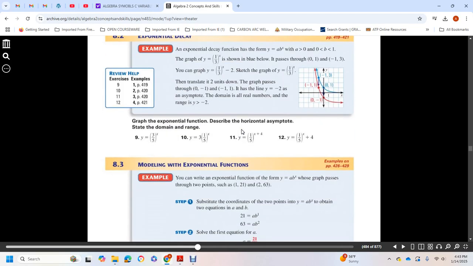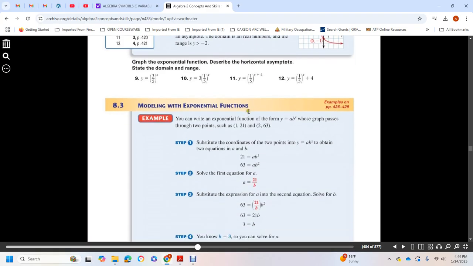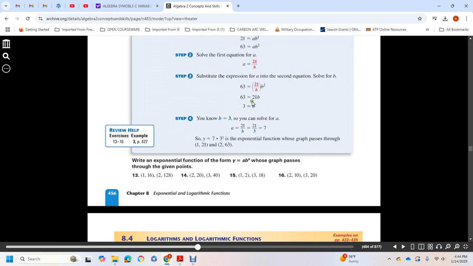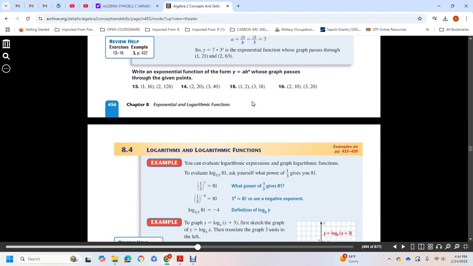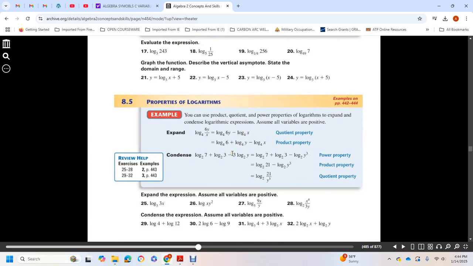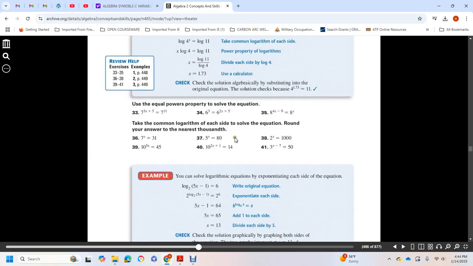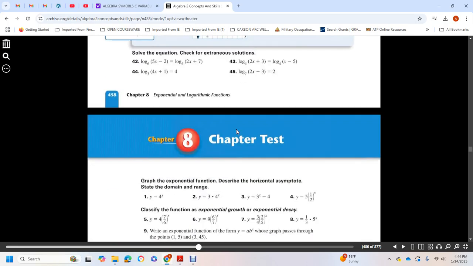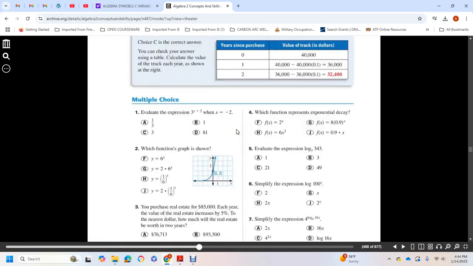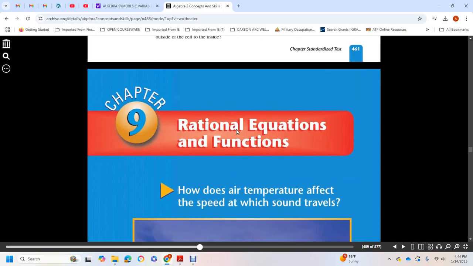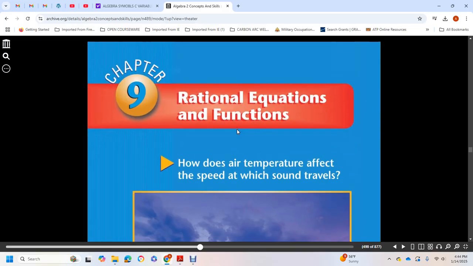Then modeling with exponential functions, logarithms, properties of logarithms, and solving exponential and logarithmic equations. Next is Chapter 9, rational equations and functions.